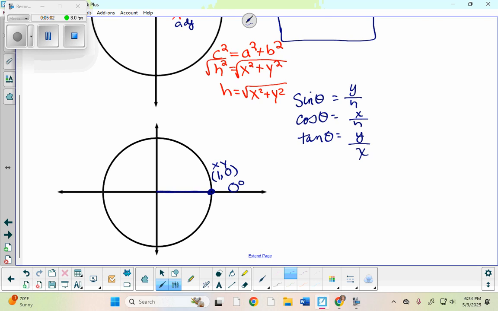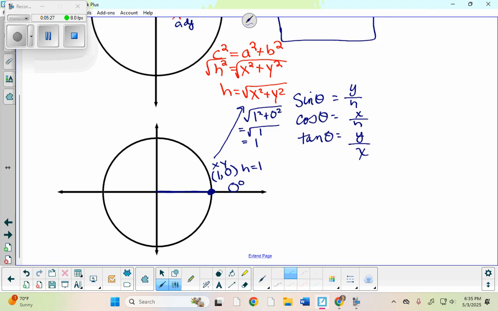We don't have a triangle, but using the same idea to figure out the trig functions, we need the hypotenuse. So we would plug the x and the y into this equation. 1 squared plus 0 squared would be 1 plus 0, which is 1. So your hypotenuse equals 1.